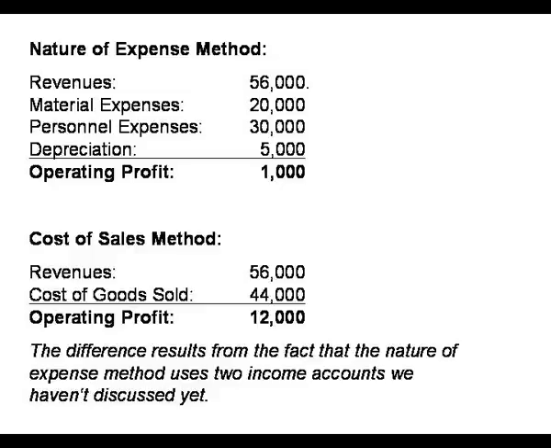And the reason it's not right is because we haven't considered two income accounts that we use in Austria to compensate for this difference. Since the nature of expense method considers all the operating expenses used to produce a good or service, it also has two extra income accounts that neutralize part of these expenses if the goods weren't sold, if they're still in the warehouse.